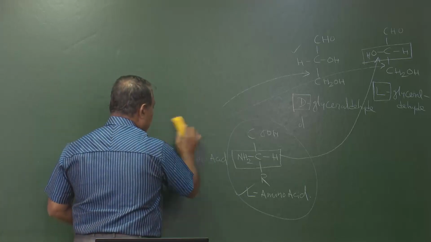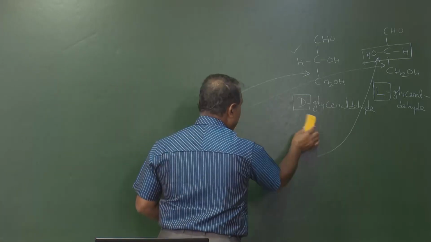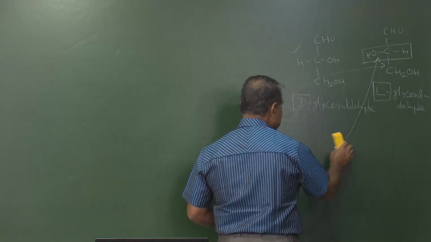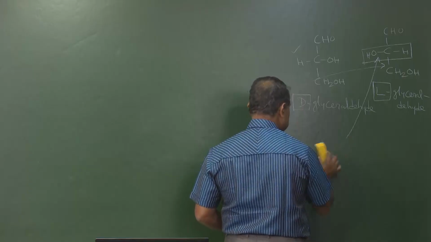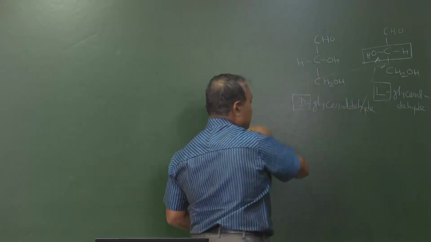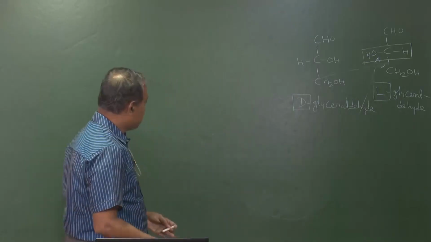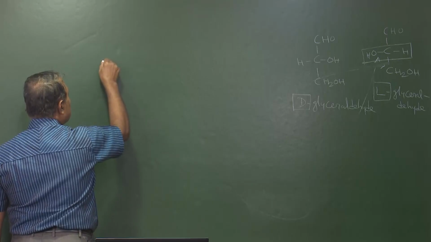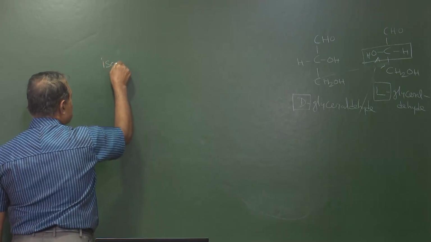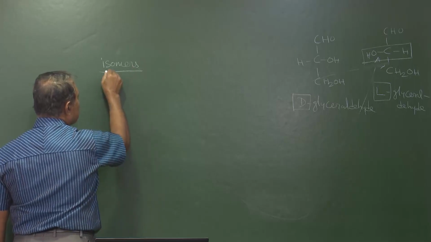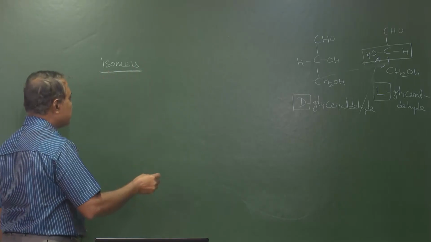Coming back to monosaccharides, we will now see what are the varieties of isomers present there. First thing is the isomers.